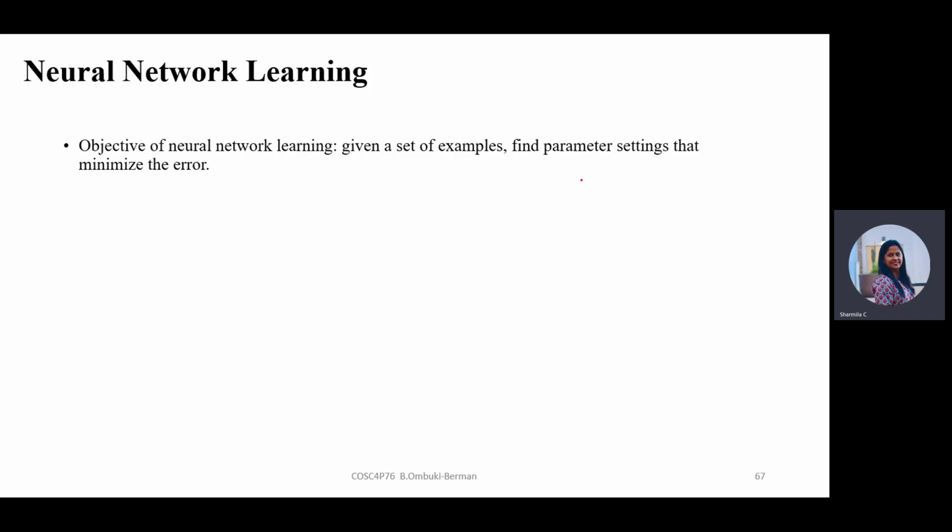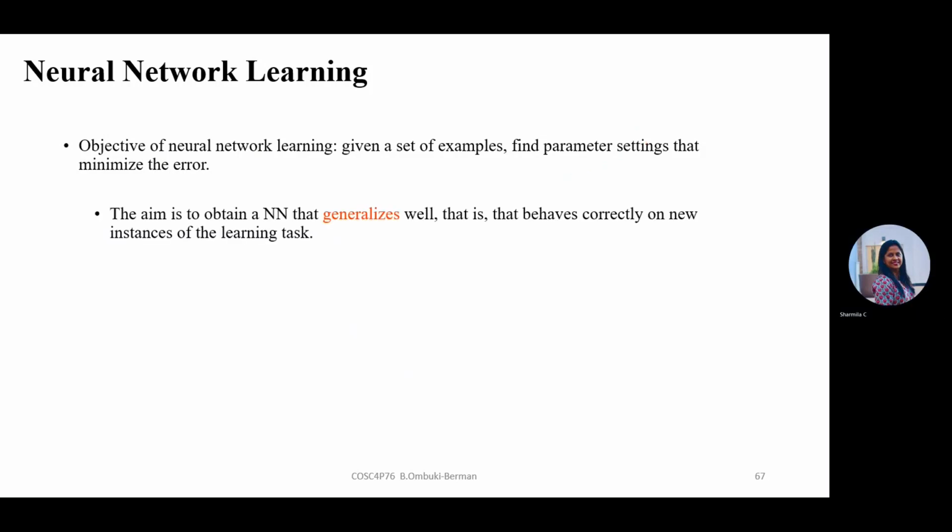So we set these parameters in such a way that they minimize the error. The aim is to obtain a neural network that generalizes well, that is, that behaves correctly on new instances of the learning task. With neural network learning, we have some programmer specifics.